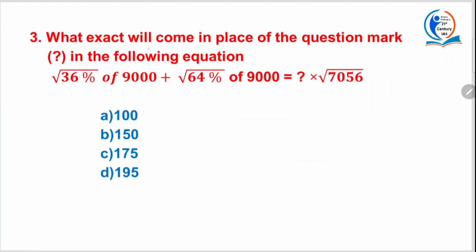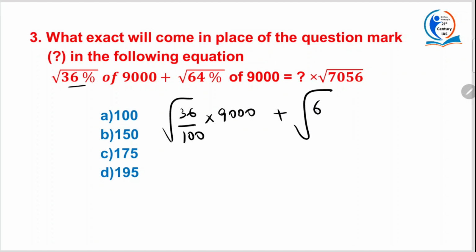Next, what exactly will come in the place of the question mark in the following question? See here, root over 36% of 9000 plus root over 64% of 9000 is equal to root over 7056.